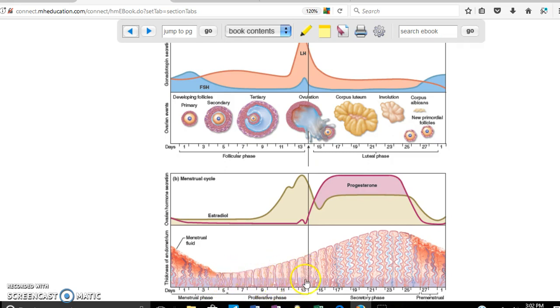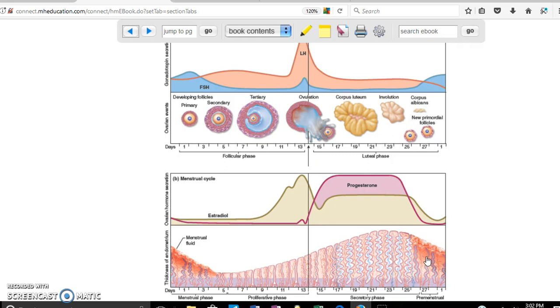Day 15, more or less, we start with the secretory phase, in which the uterine endometrium is maintained in case the female becomes pregnant. By day 27, if the female doesn't get pregnant, the endometrium is dropped, as you can see here, and that's when the menstrual period starts.